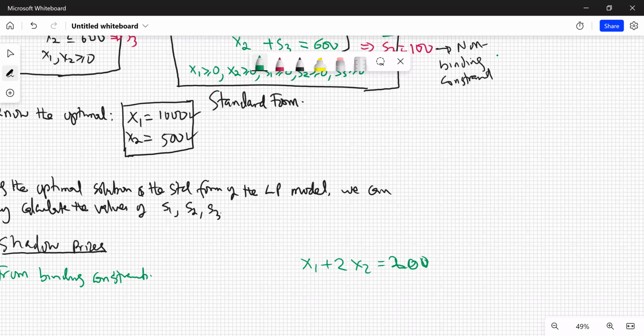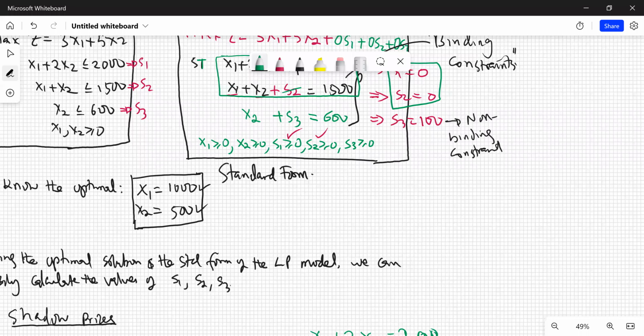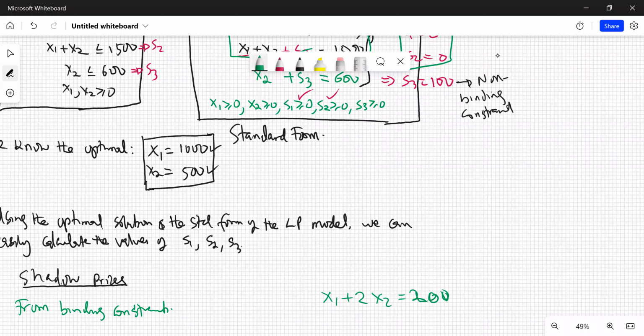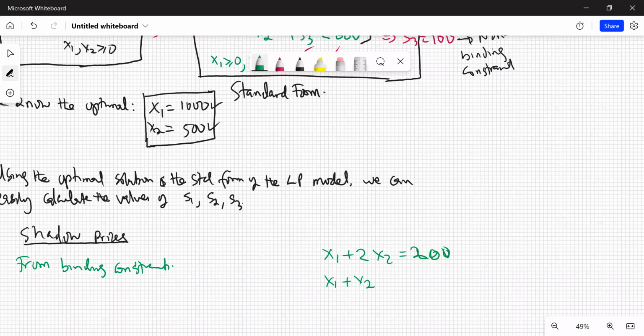And the other one is x1 plus x2 is equal to 1500. So what you do, you increase the right-hand side of these binding constraints by 1. So you do plus 1 there, and also plus 1 there.